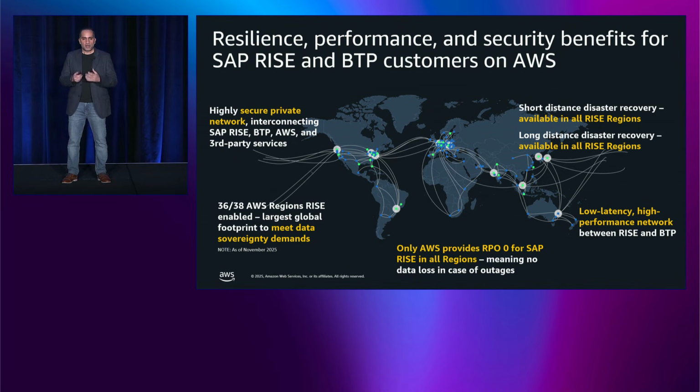Both long-distance DR and short-distance DR options are available for our customers, which helps them to take resilience strategies into account. With a low latency, high performance network between Rise and BTP, we offer optimal integration performance.